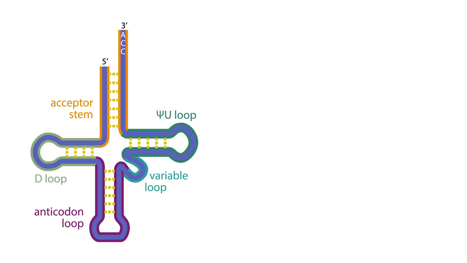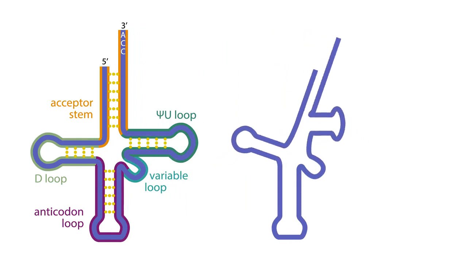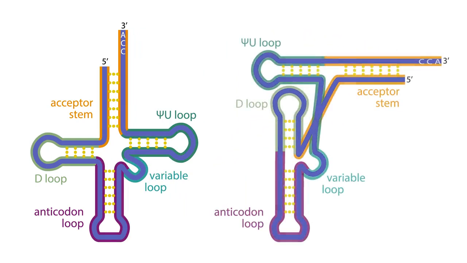So this cloverleaf structure is a very easy way to look at a tRNA, but it actually only bears passing resemblance to what a tRNA really looks like. You can envision the way the tRNA looks by folding the tRNA. In some ways, you can imagine that you've stacked the base pairs here on top of the base pairs in the anticodon loop.